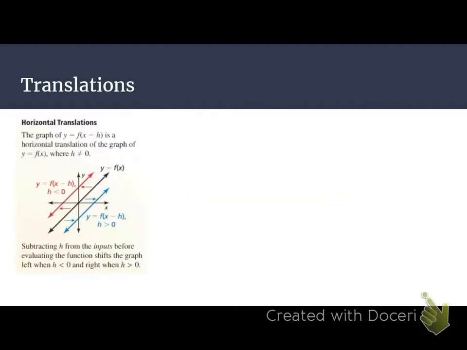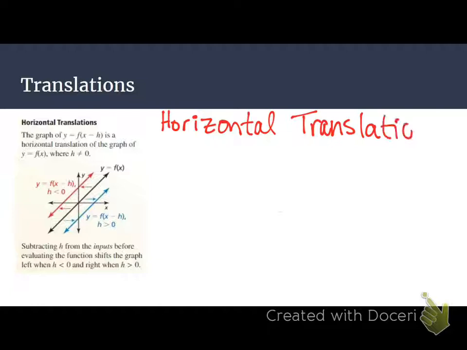All right, so here, I understand it's small, so I'm going to write out what's important off to the side. First, we're talking about horizontal translations. So horizontal translations is up first. This means our graph is getting moved what directions? Right or left.